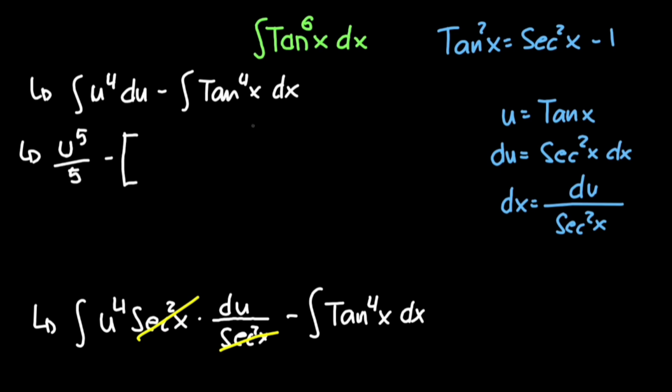And the integral of tangent to the power of 4 is what we solved earlier, which is 1/3 tangent cube of x minus tangent of x plus x plus the constant of integration.